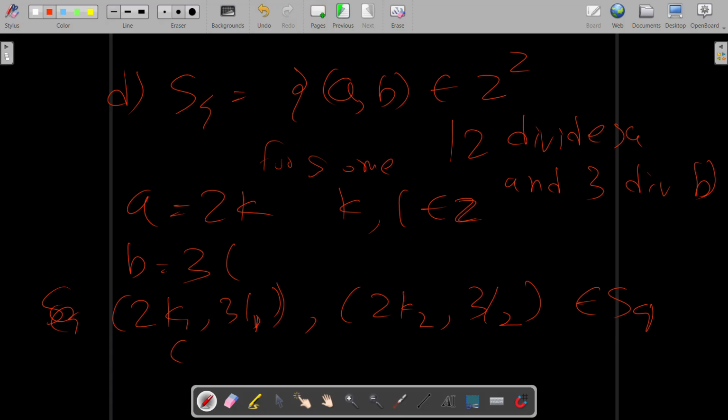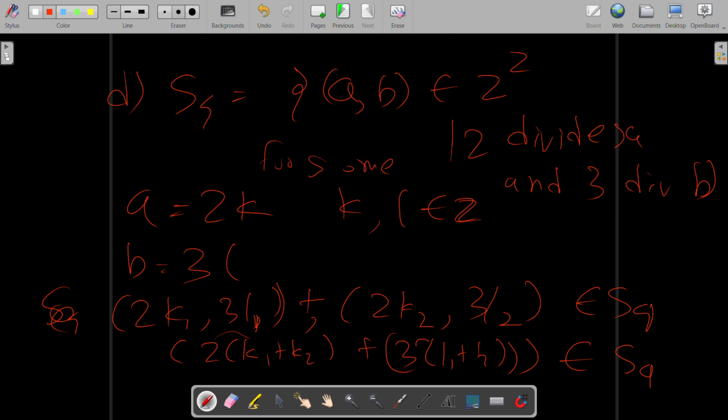The sum, if you add them, is 2 into (k1 plus k2) and 3 into (l1 plus l2). This term is obviously a multiple of 2 and this term is obviously a multiple of 3, so this will obviously belong to S4. So our condition is satisfied, and option D is the correct one.